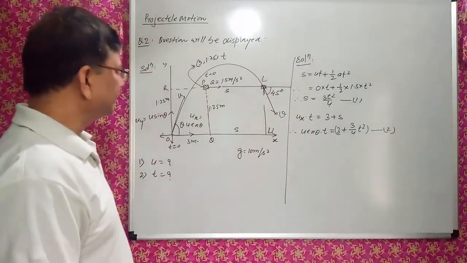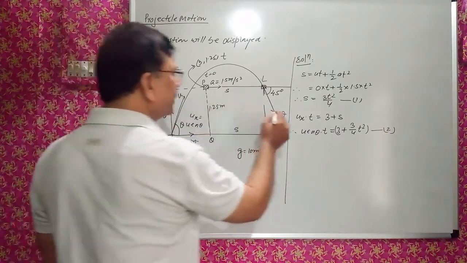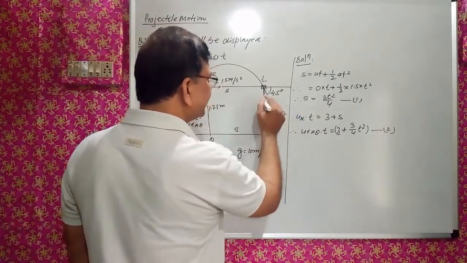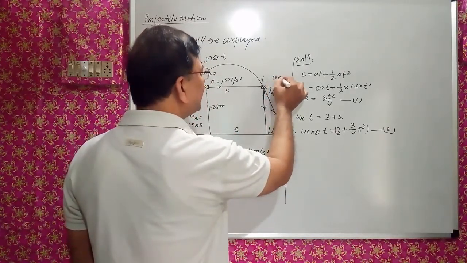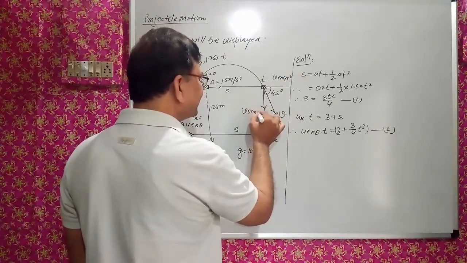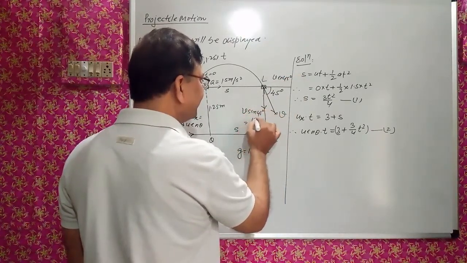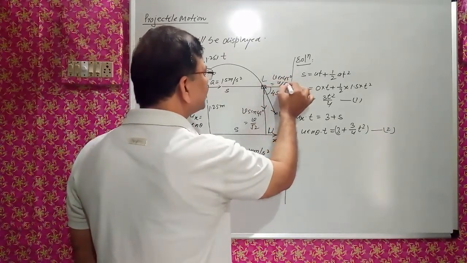Now I will talk about the vertical velocity. Final velocity is v. If we resolve it in two directions, that will be v cos 45 degree in this direction and v sin 45 degree in this direction. That will be v upon root 2, and here also it is v upon root 2.